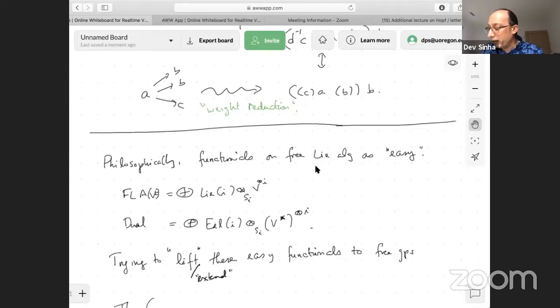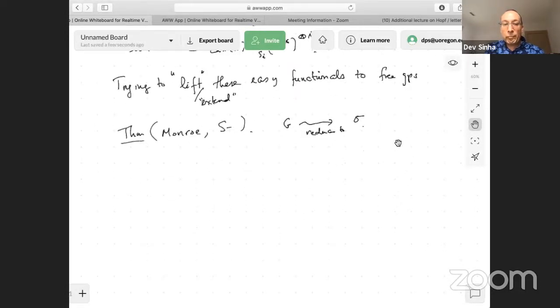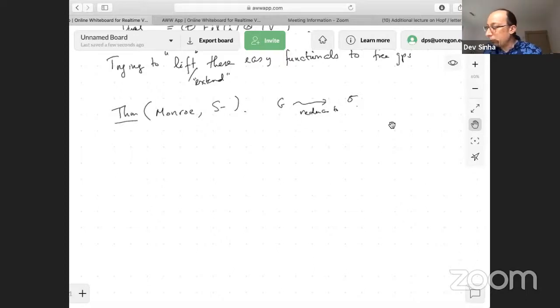And again, this is with Jeff and myself, that if some graph G reduces to a sum of symbols, but I'll just think of that as a single symbol sigma, then, I'm not going to make a super precise statement as I've set it up, phi sigma on some word is going to equal the graph value on the Lie element associated to the word.